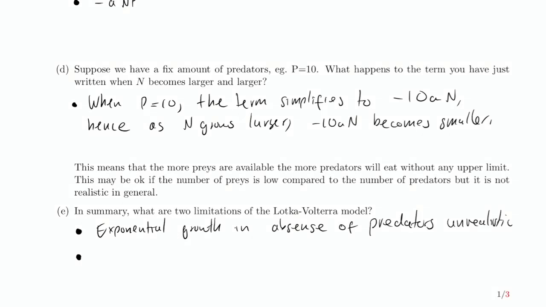The second one was that the term which corresponds to the prey getting eaten can grow arbitrarily large. And since this term is proportional to the number of predators, this essentially means that the amount that the predators can eat can grow arbitrarily large. And this is not a realistic assumption.